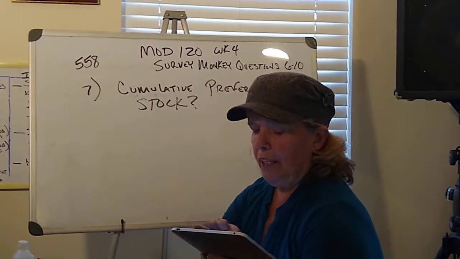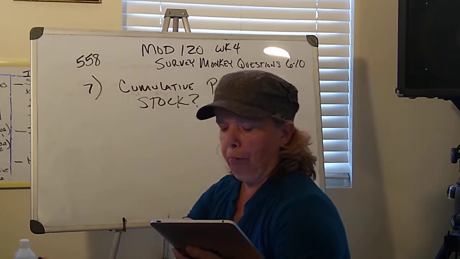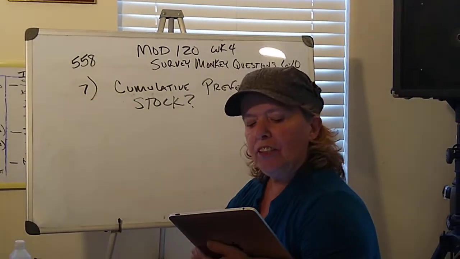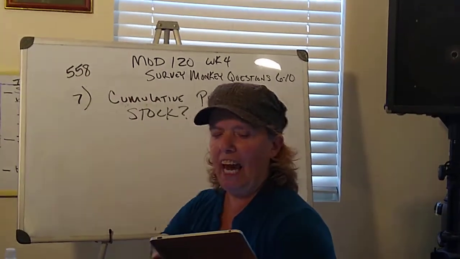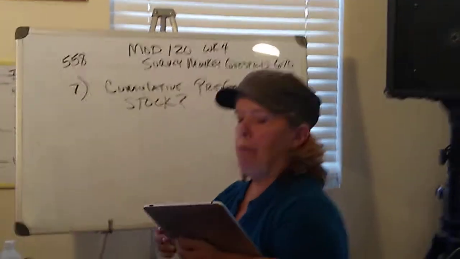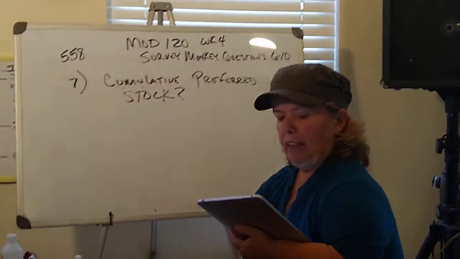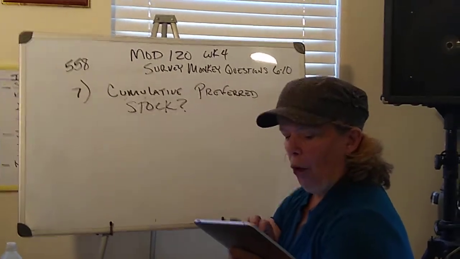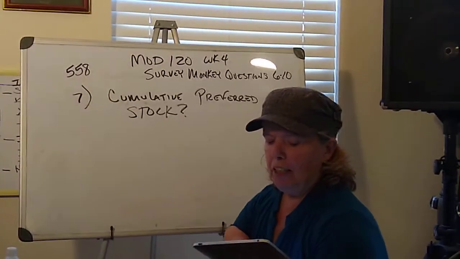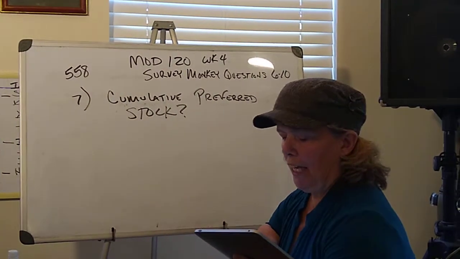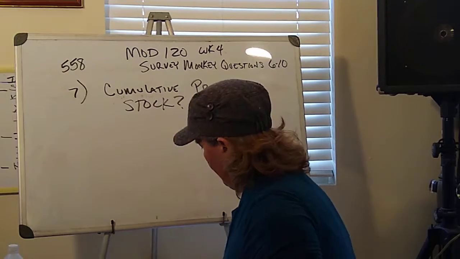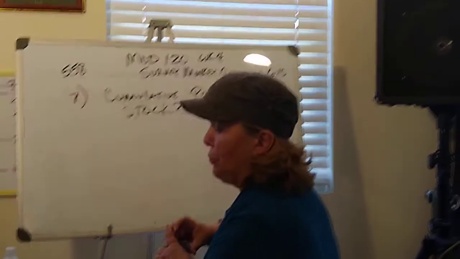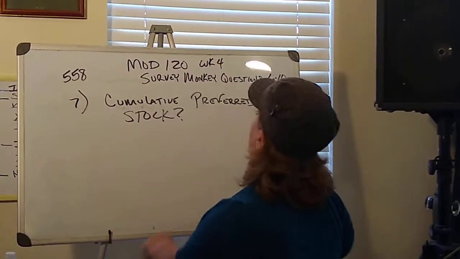And it says, cumulative preferred stock entitles its owner to a specified amount of dividends annually. Okay? So that's how it's defined. And that's it.